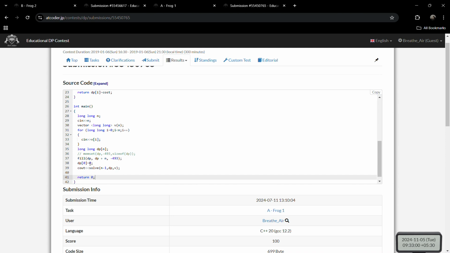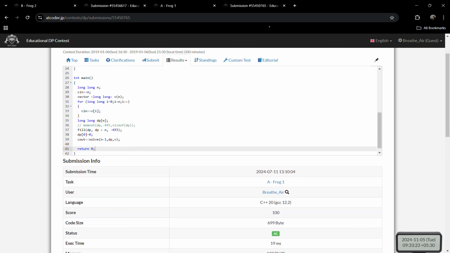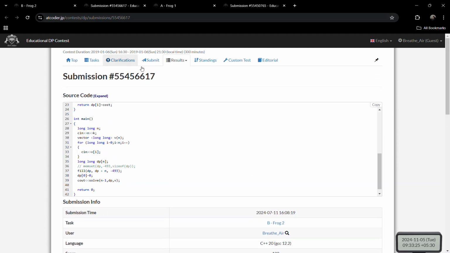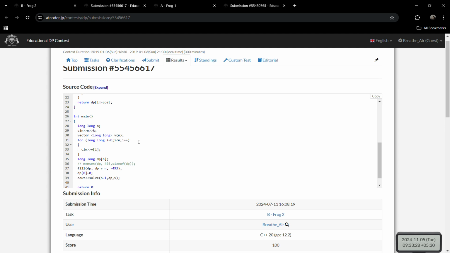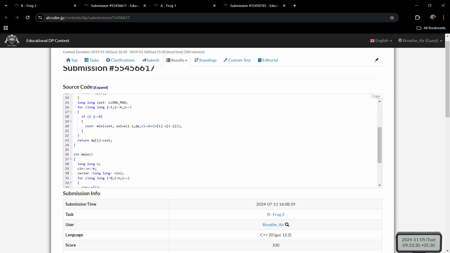Finally, dp of 0 will be initialized to 0 because we are already on stone 1, so we don't need to incur any cost to go to stone 1 itself. And then finally calling solve of n minus 1 with dp and v, in Frog 1 and in the Frog 2 question as well.